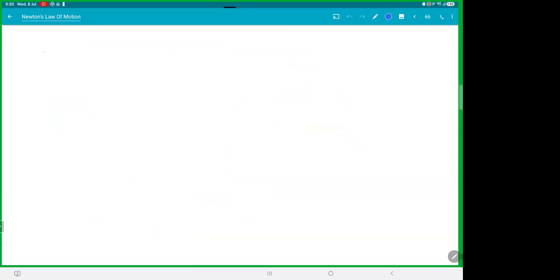So this can be also written as F bar is equal to dp by dt. So delta P bar is integral F bar dt. This is your change in momentum. There's also a name for this. It is called impulse.